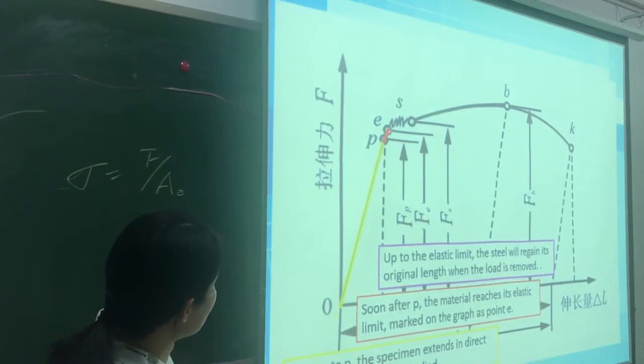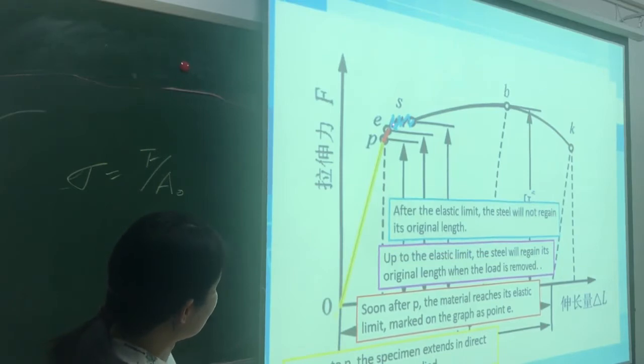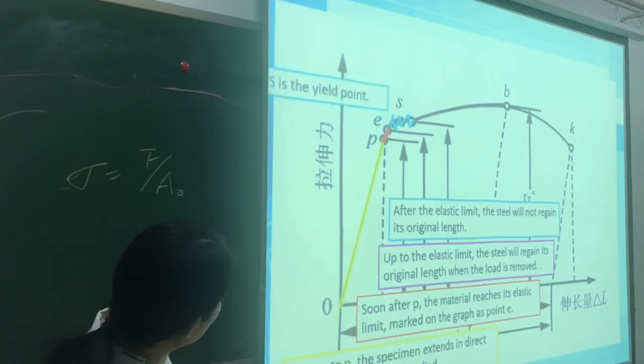Up to the elastic limit, the steel will regain its original length when the load is removed. From A to S, after the elastic limit, the steel will not regain its original length. S is the yield point.